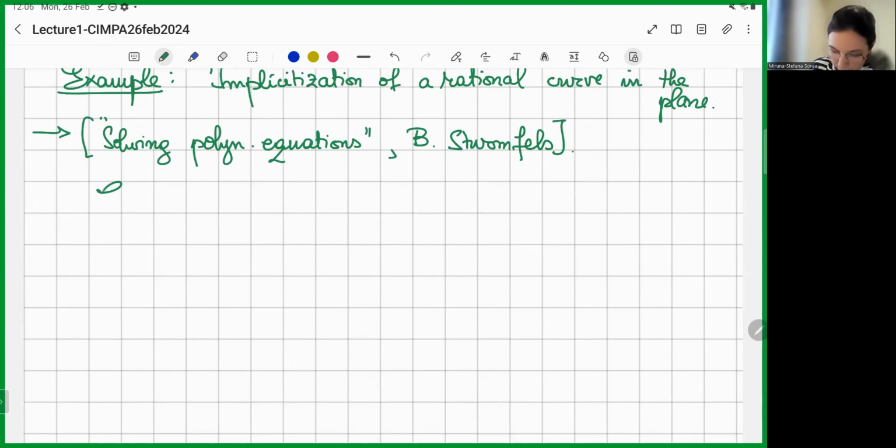So we consider C a plane curve, given parametrically, so given by the parametrization.